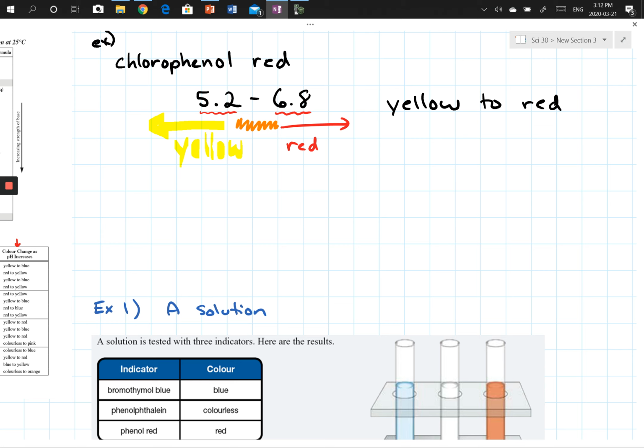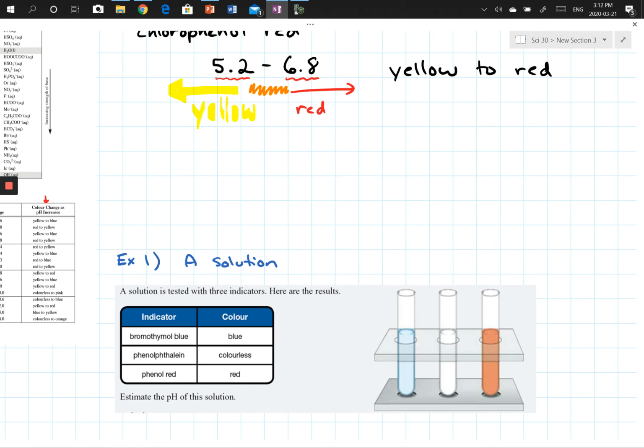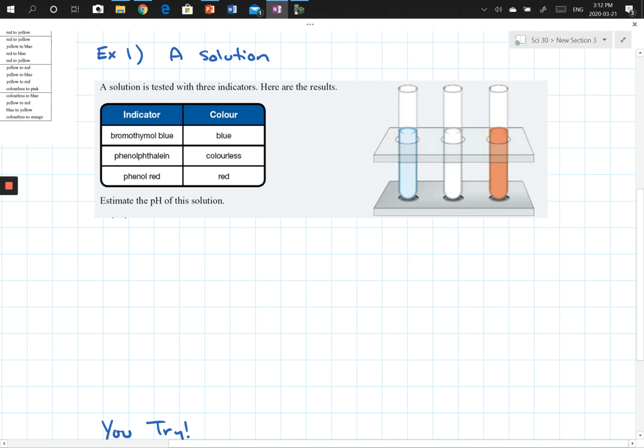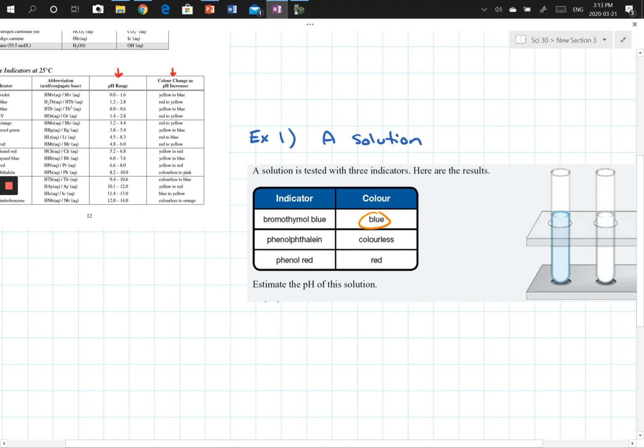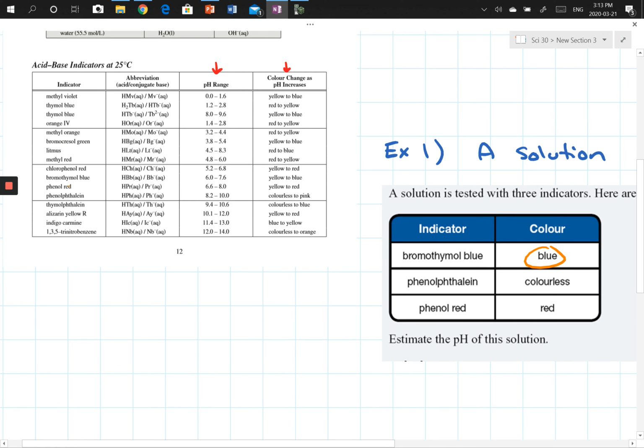Here's example number one. We have a solution, and we put a few different indicators in and got some different colors. The first one is bromothymol blue, and the color is blue. When I look up bromothymol blue, here it is: 6 to 7.6, it goes yellow to blue.